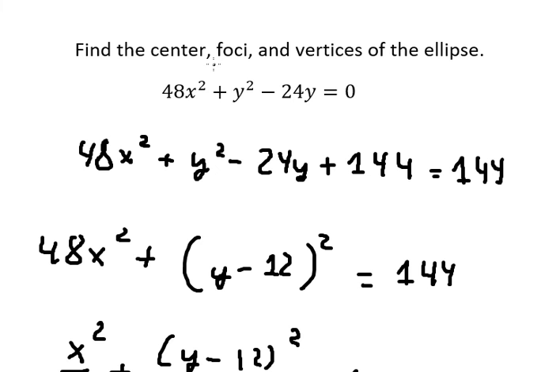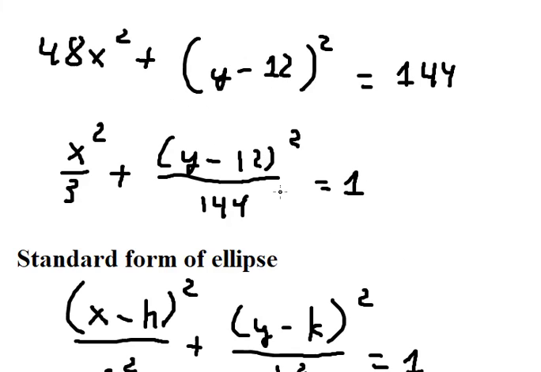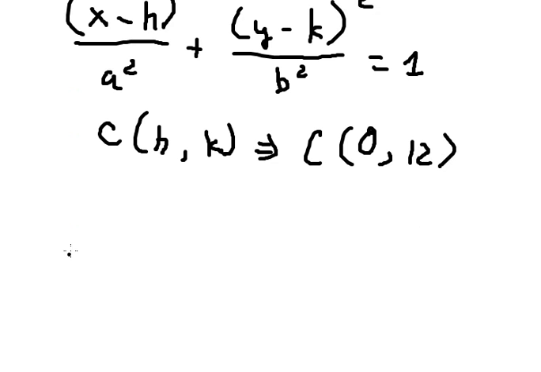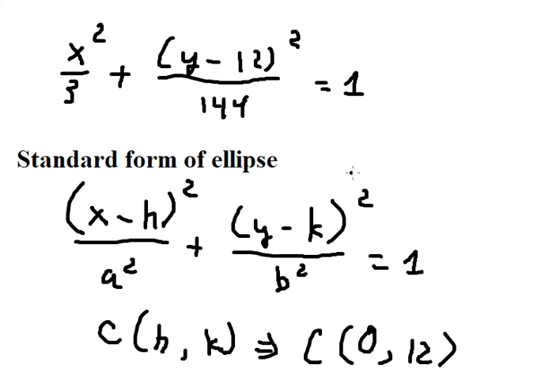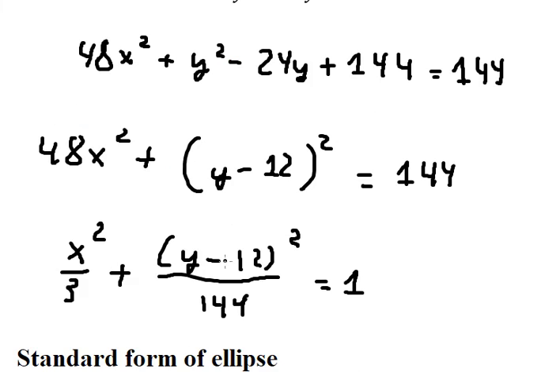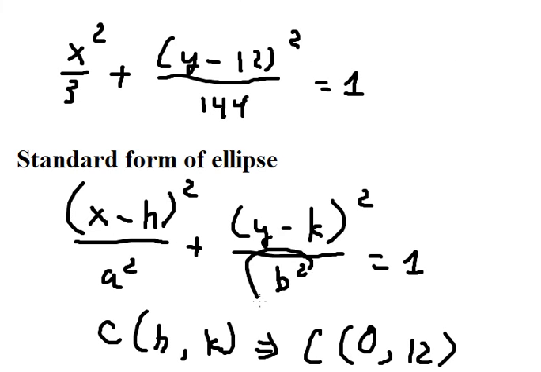Question number 2, we need to find about foci. So we can see that b is greater than a. So the foci, they will belong to this one. So we have the formula. So b, that is about this one.